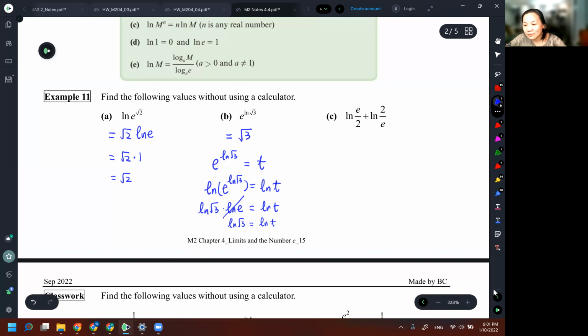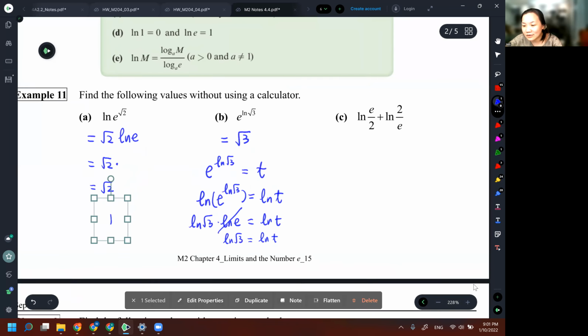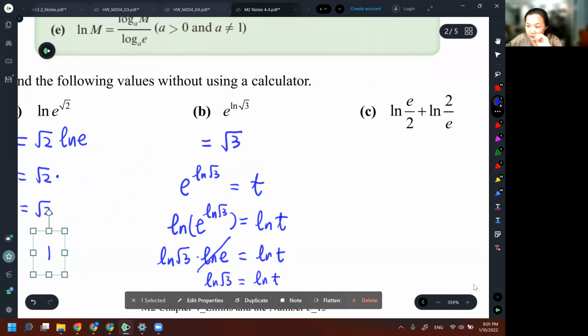This is equal to log 3. Maybe you just know another identity you may not know. That is, do you know a to the power log a x equals x? You can use it here.